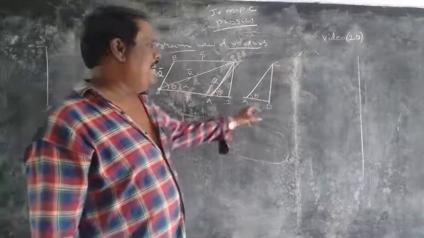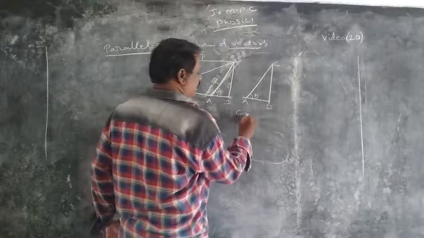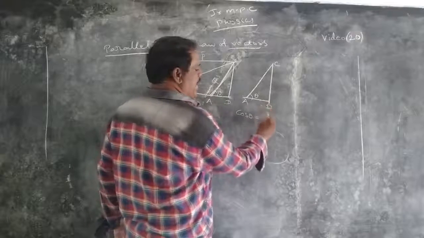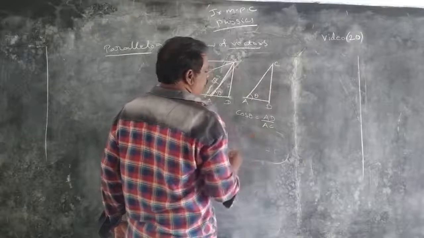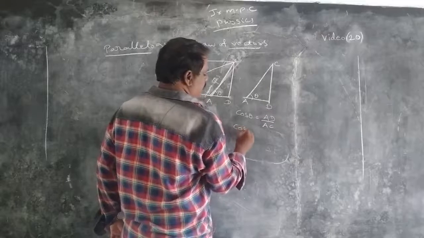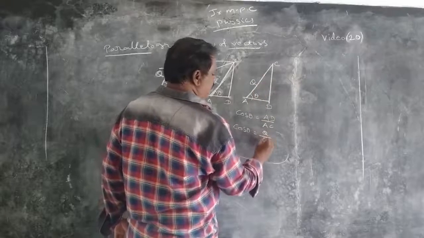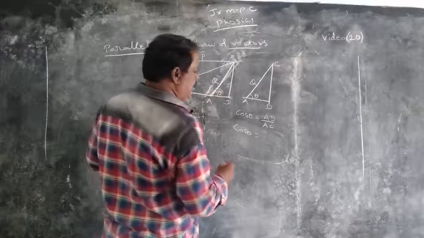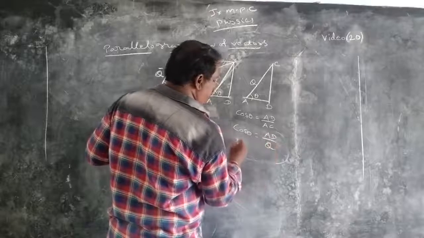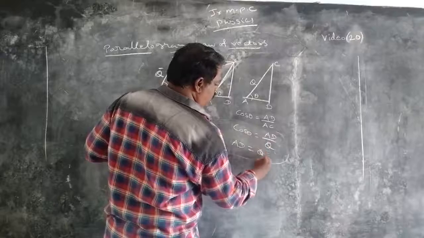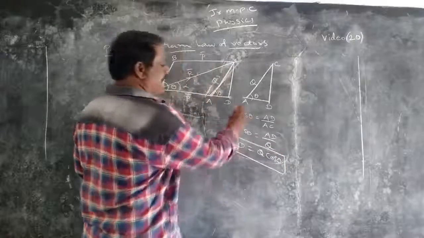To find AD, first we calculate cos theta. Cos theta is adjacent by hypotenuse, AD by AC. Cos theta is equal to AD by Q, therefore AD is equal to Q cos theta. This is the AD value.